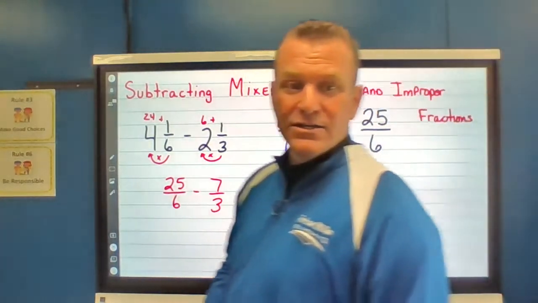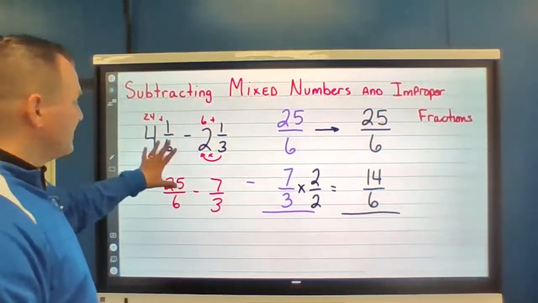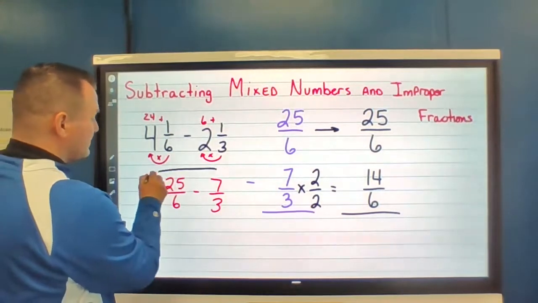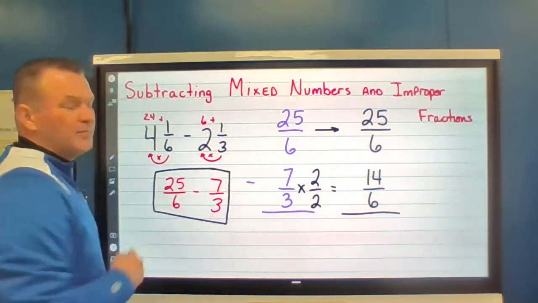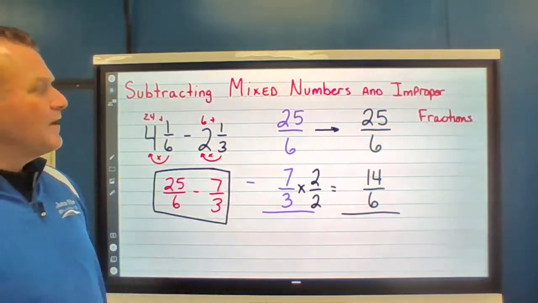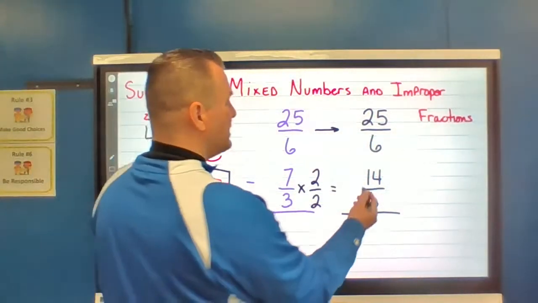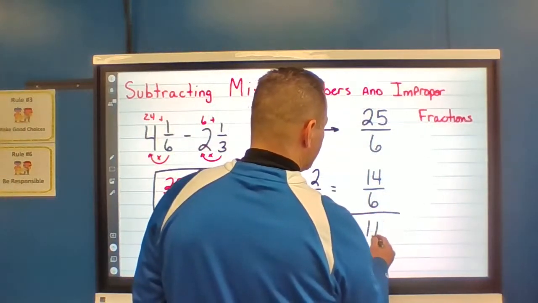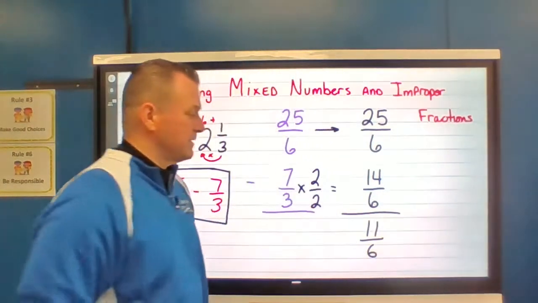Now that looks a lot easier for me to do. This was the key. You have to convert them both to improper fractions first, then you can stack them. And 25 minus 14 would give me 11/6.